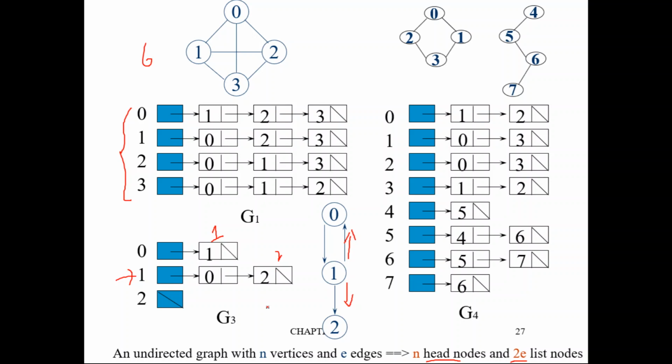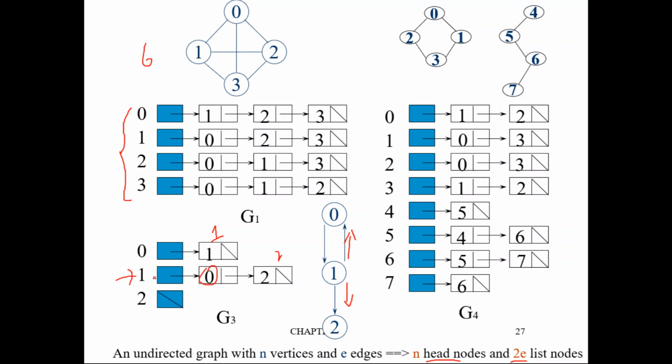Because what does in-degree say? This says that 0 to 1. This says that there is something from 1 to 0. So if you want to find the in-degree of 0, this is outgoing for 0. 1 to 0 means it is outgoing for 1 and incoming for 0, so you can count 1 here.